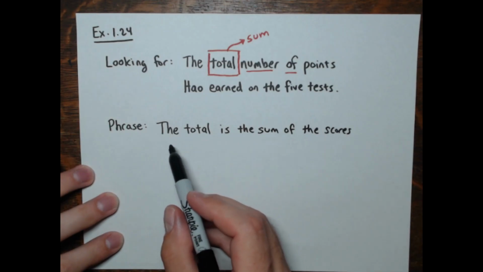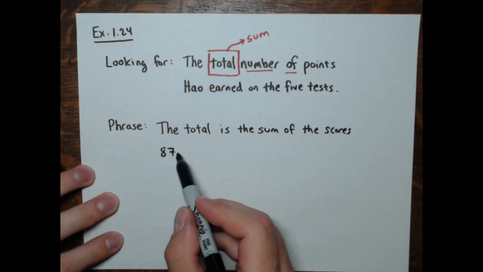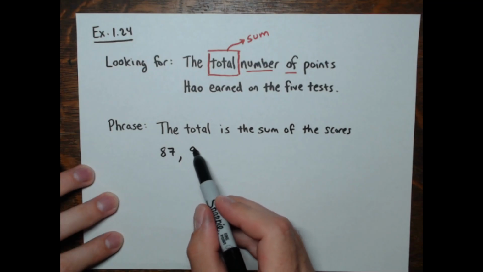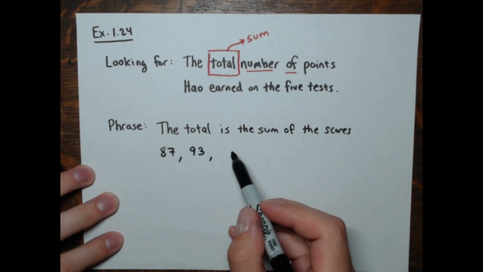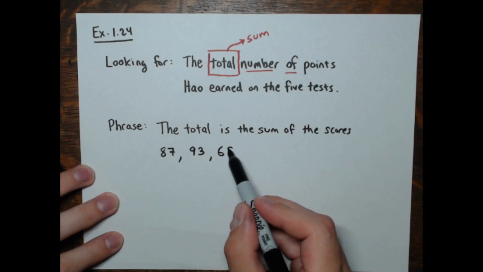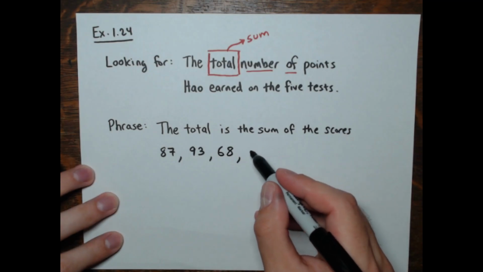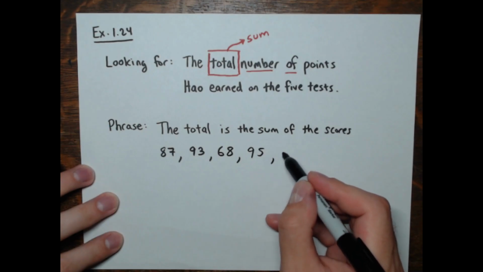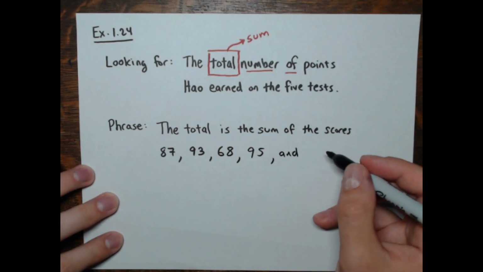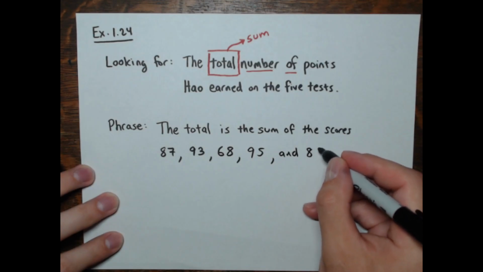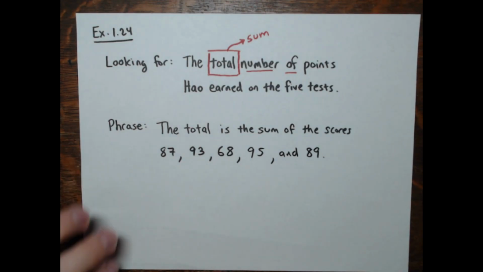The scores were 87, 93, 68, 95, and 89. Right?